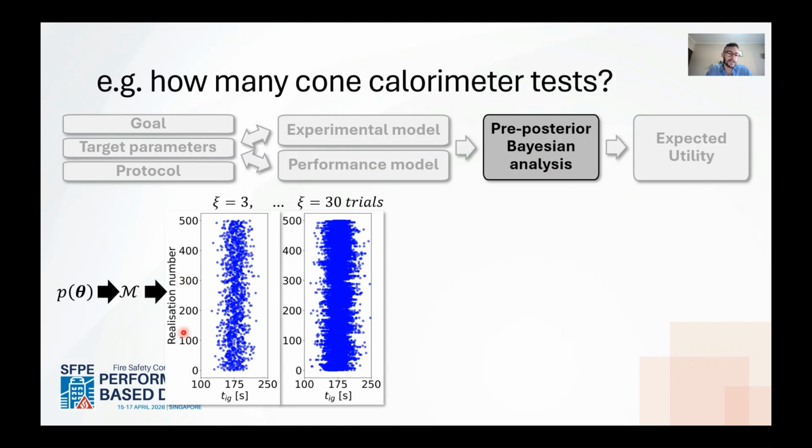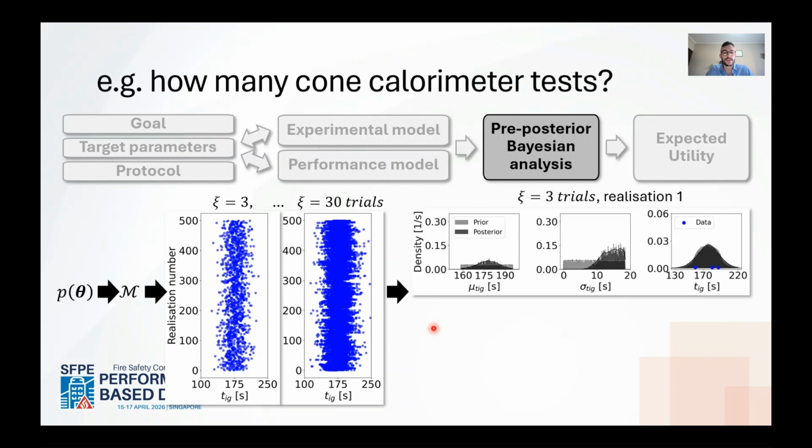So we have on the vertical axis 500 realizations of ignition time, and this will be done for different numbers of trials. This graph is for 3 trials, and we will go all the way up to 30 trials. So this is one realization of 3 potential outcomes of our experiment, and these are 30 realizations of potential cone calorimeter measurements if the selected number of trials was 30.